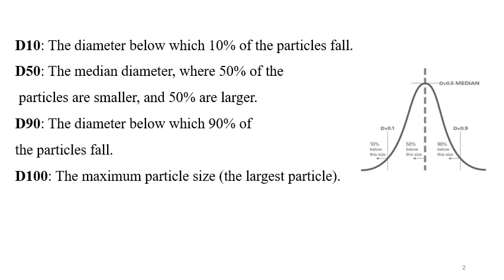D50 is the median diameter, where 50% of the particles are smaller and 50% are larger. D90 is the diameter below which 90% of the particles fall. That means 10% of the particles may have larger particle size than D90. And D100 means the maximum particle size, the largest particle.